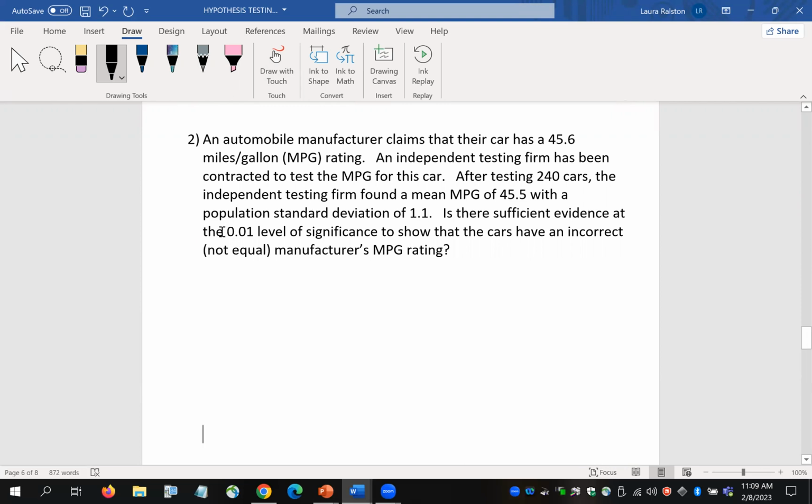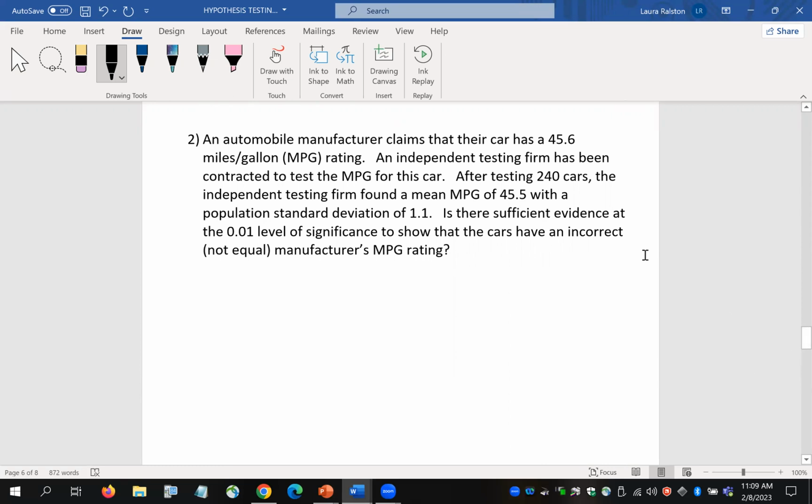Is there sufficient evidence at the 0.01 level of significance to show that the cars have an incorrect, not equal, manufacturer's miles per gallon rating?